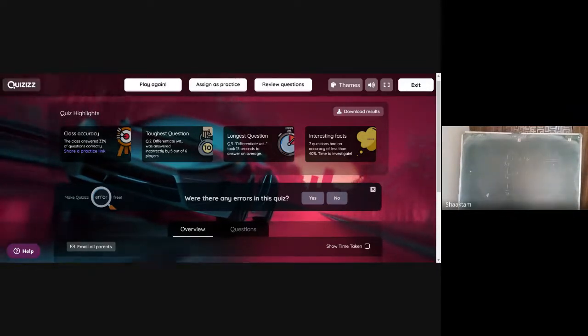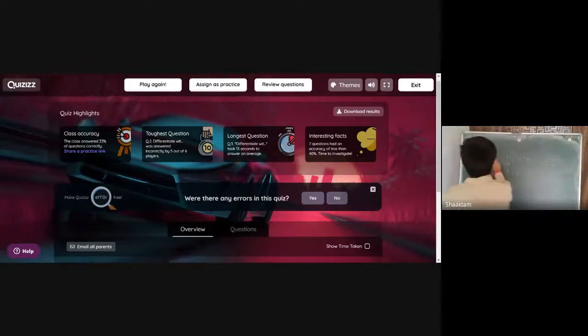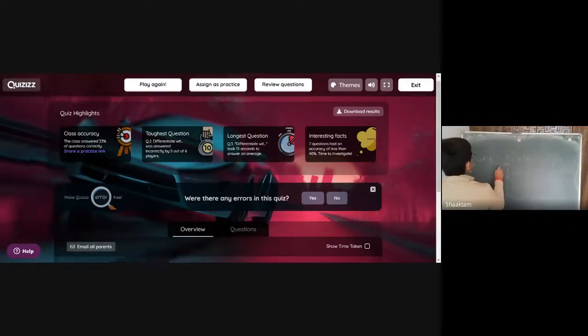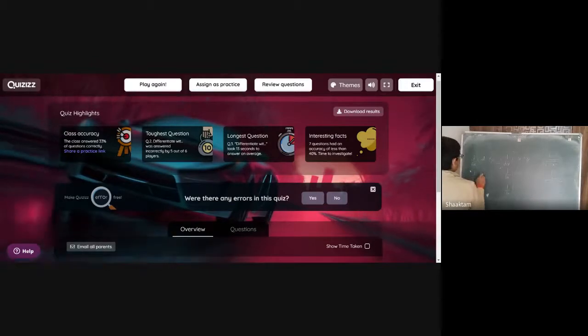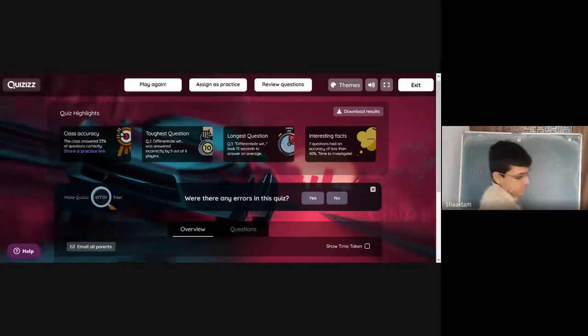Then d by dx of cot inverse x is minus 1 by 1 plus x square. Then d by dx of cosec inverse x is.